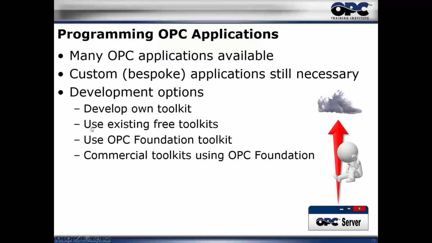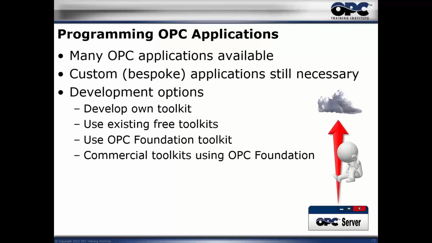But there are existing free toolkits. You can go to the website, you can go to GitHub, and you can get free toolkits. They are actually available. Or you could go to OPC Foundation. OPC Foundation also has a toolkit, and if you're a programmer, if you know what you're doing, you can use the OPC Foundation toolkit. You need to be a member of OPC Foundation, and then you can get access to this toolkit.